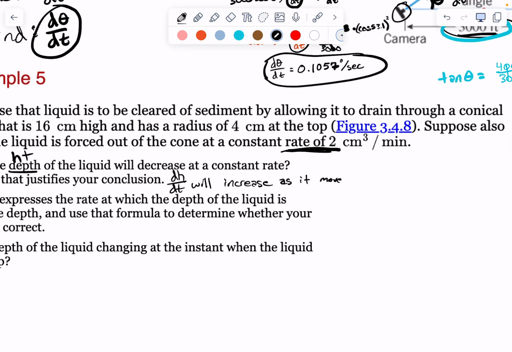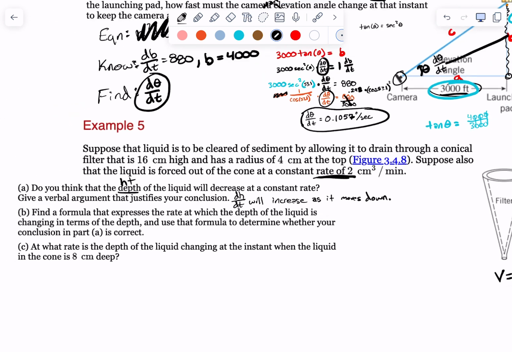So the speed of the height changing will increase, right? dH dt will increase as it moves down. Does that make any sense at all? Clear as mud. Sure. Okay.